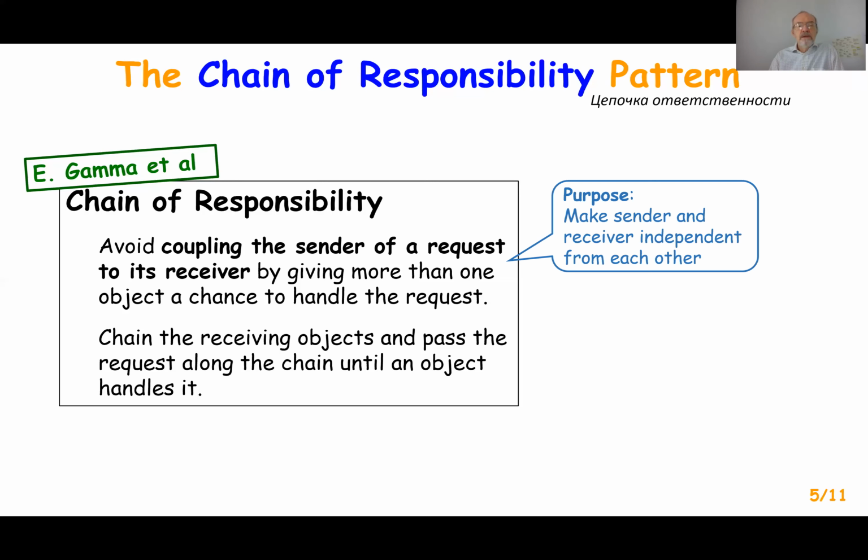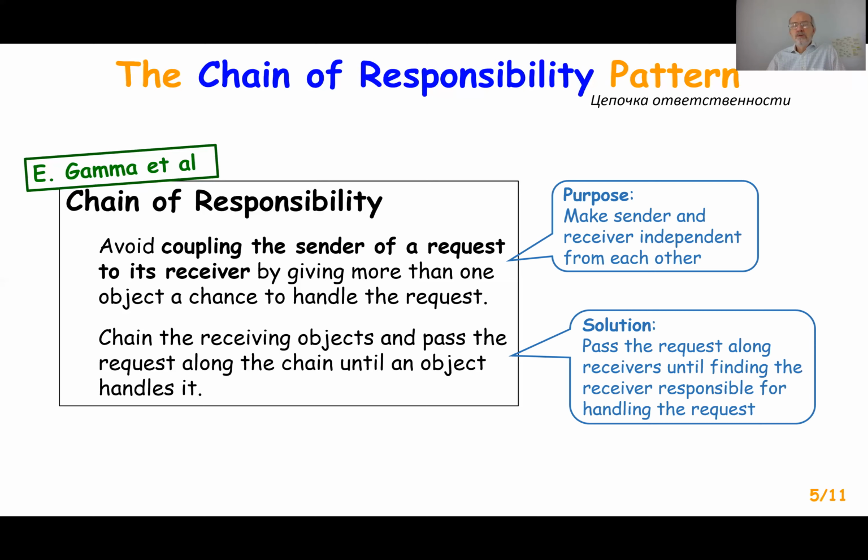And the second point says that the solution is to pass the request along several receivers until finding the receiver responsible for handling the request. I understand that these are just common words. It is not clear how this definition actually works. But again, we will see that on the examples.